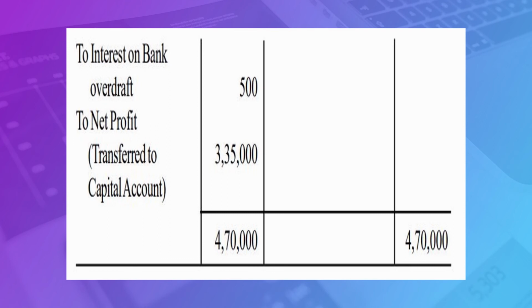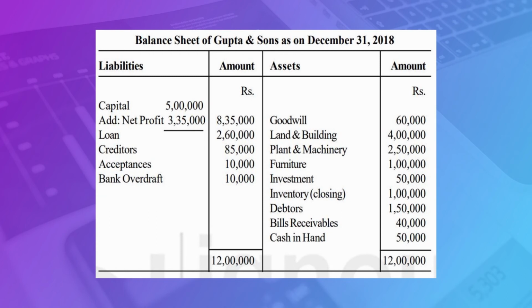So, in the balance sheet this amount of rupees 3,35,000 has been added, and the amount of capital is 8,35,000.